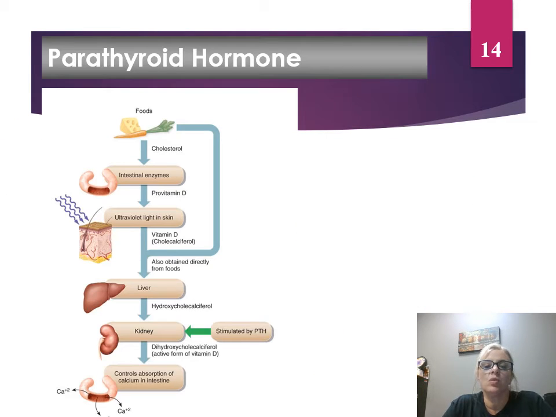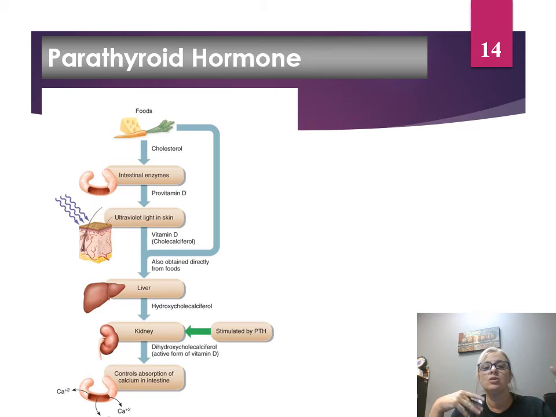So this picture here is showing the pathway for the parathyroid and the connection to vitamin D, and actually getting out in the sunlight, where it's important to control absorption of calcium in the intestines. And so this is why we often talk about getting your vitamin D from the sun.